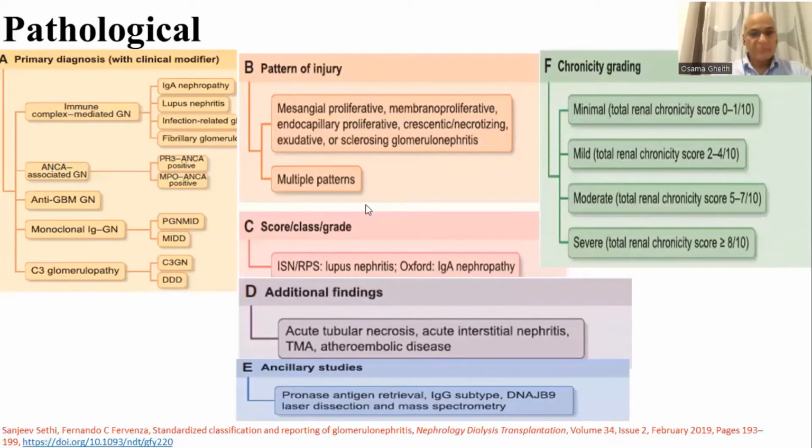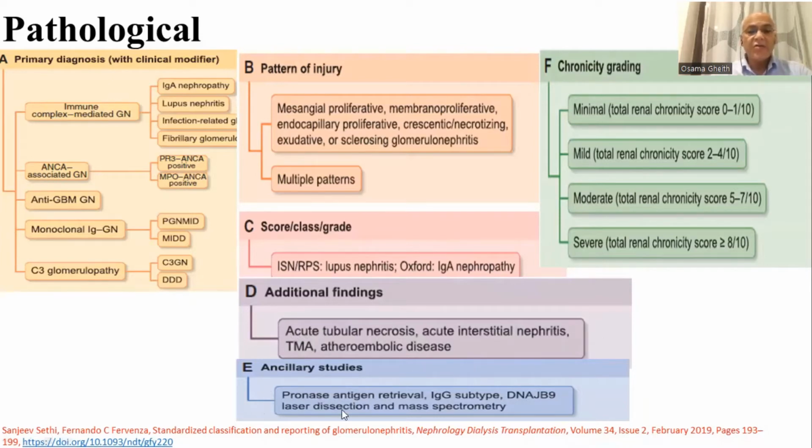Pathological diagnosis should include the primary diagnosis of the disease itself, including also the pattern of injury, the score and the class or grade of the disease, like what is detected in lupus nephritis and IgA nephropathy. Additional findings like ATN or interstitial nephritis and so on.